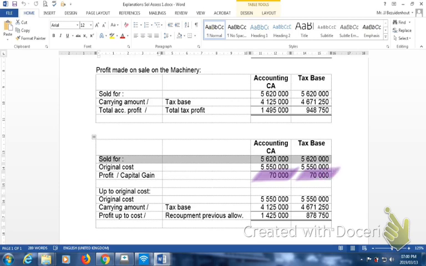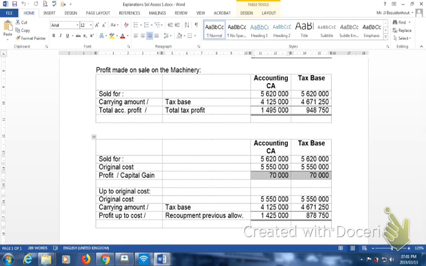So you must now split the profit that you made between your capital gain on the one hand and profit up to original cost on the other hand. By doing this calculation, you are calculating the capital gain on this asset.